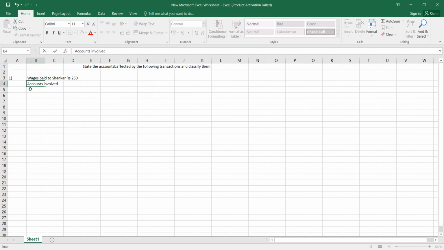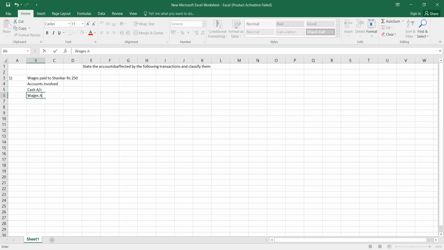Accounts involved: cash account, because cash has gone out. And the other account involved here is the wages account, because wages have been paid.